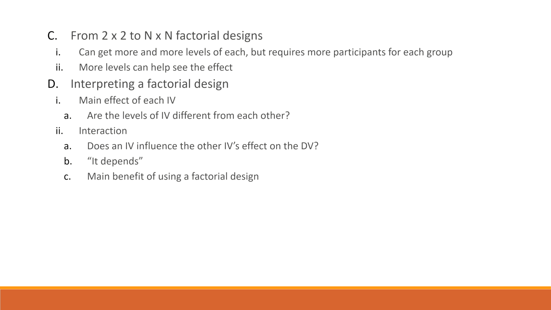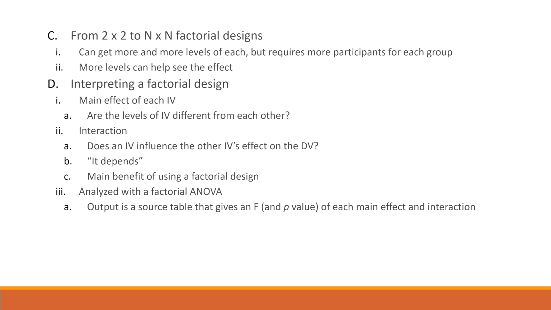And someone says, it depends. How hot is it outside? That is an indication that there's an interaction here. And being able to say it depends and get the context of the situation is really the main benefit of a factorial design.